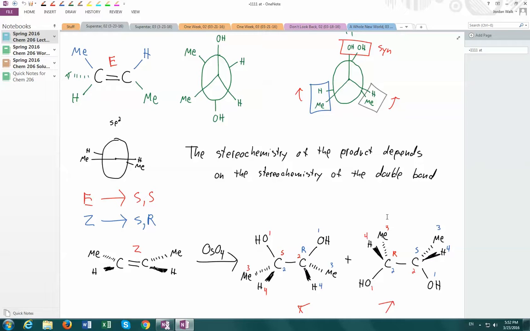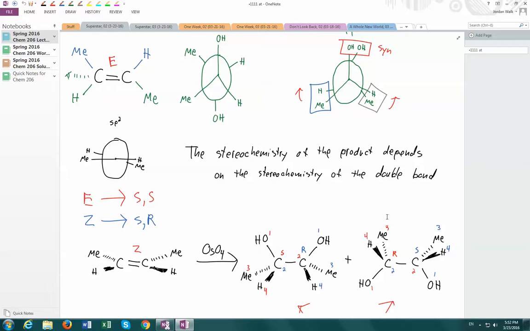But instead of doing that, watch my pen, just do this. Instead of rotating it in this fashion with depth, just rotate it like that. If you do that, our methyl is on a dash, and so it's going to stay on a dash when we rotate it like this. That's exactly what we see here, right there. That's the rotation you've got to do to see that those are the same thing.